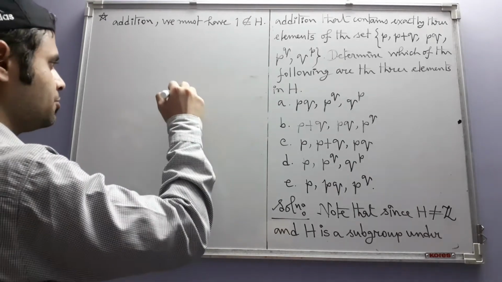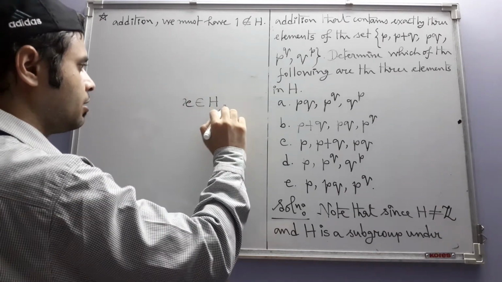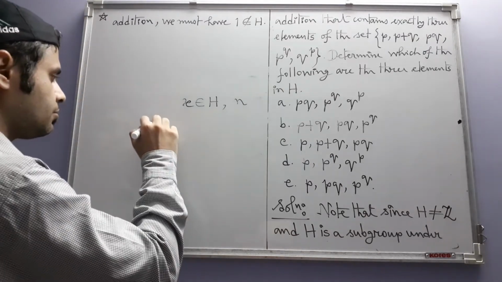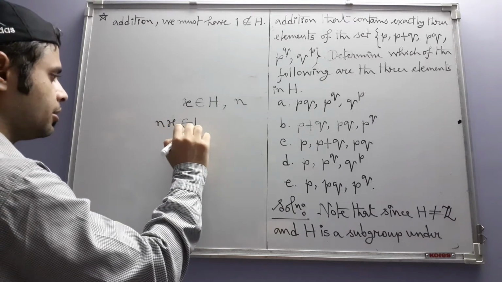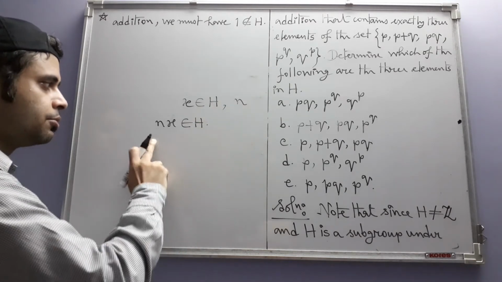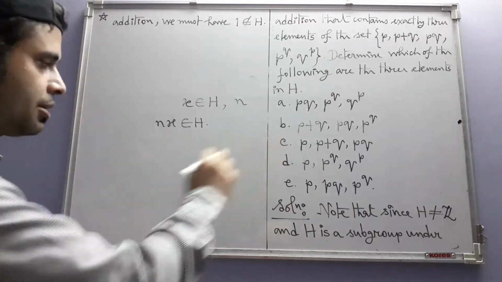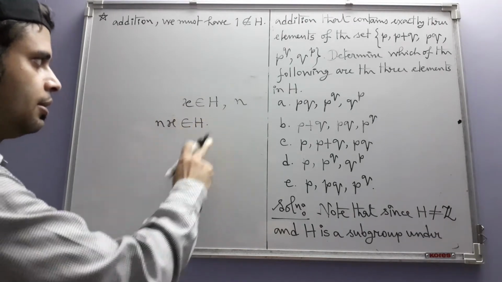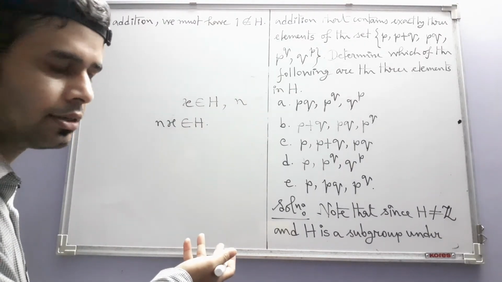Suppose you have some x in H and you take any integer n, positive, negative or 0. Then nx also belongs to H. Why? If n is positive, you just have to consider x plus x plus x, n times. That belongs to H because x belongs to H, and that is equal to nx. If n is 0, then this is 0, which is already in H, since H is an additive group.